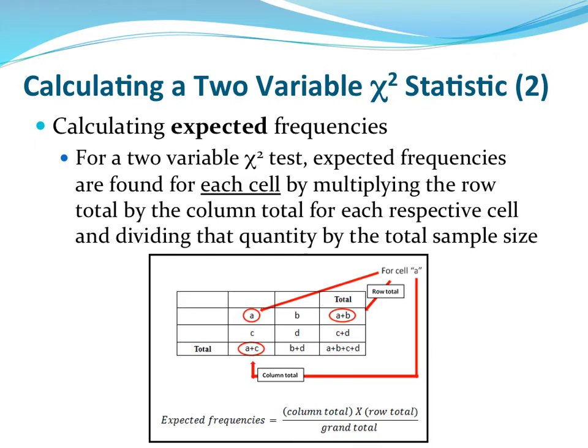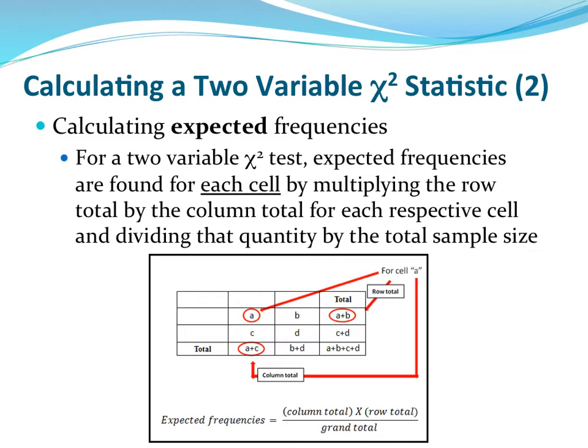To find the expected frequencies for each cell in our table for a two-variable chi-square test, we will go cell by cell and multiply each row total associated with the cell by the column total associated with that cell, dividing that quantity by the total sample size.